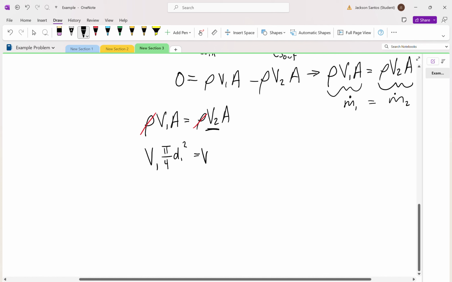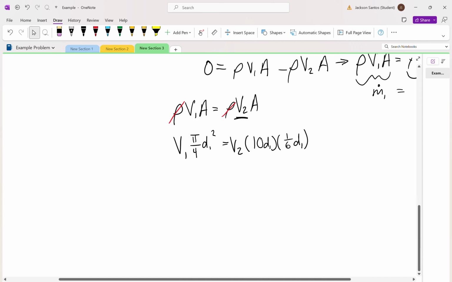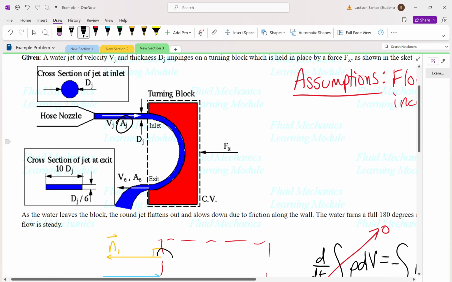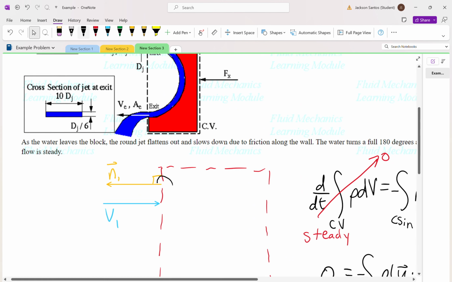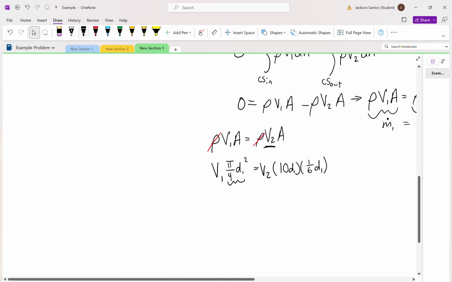equals V2 times 10 d1 times 1/6 d1. So this term right here is the A, because we know that the inlet area, A1 in our case, is going to be the area of the circle, which is just pi r squared, or pi over 4 d squared.